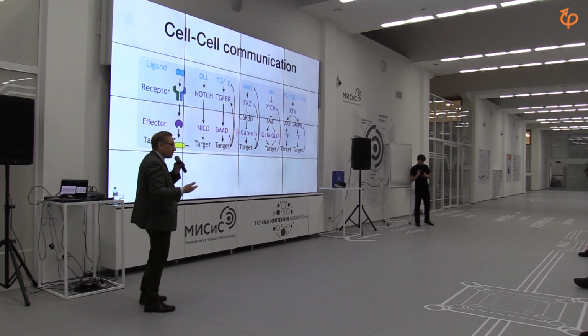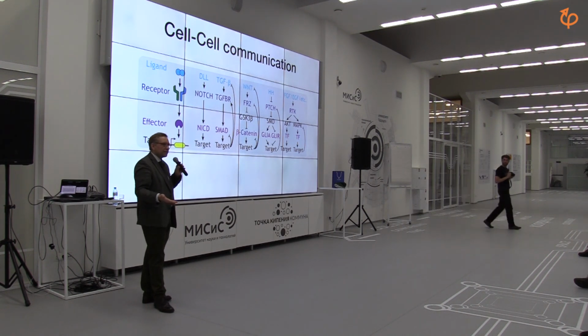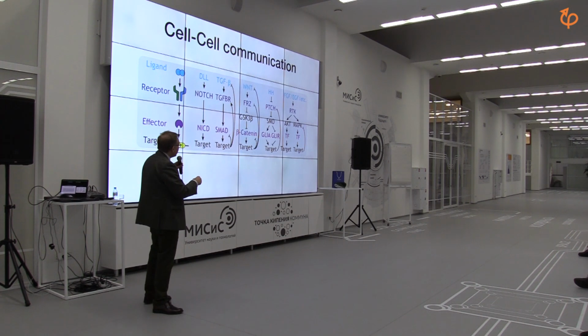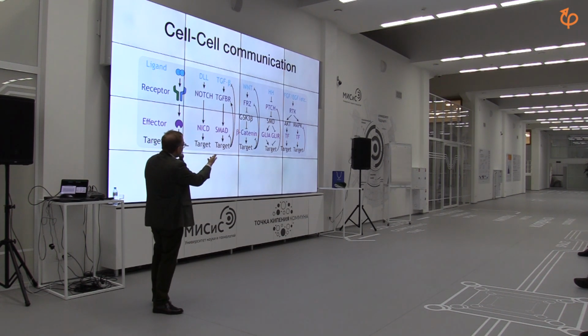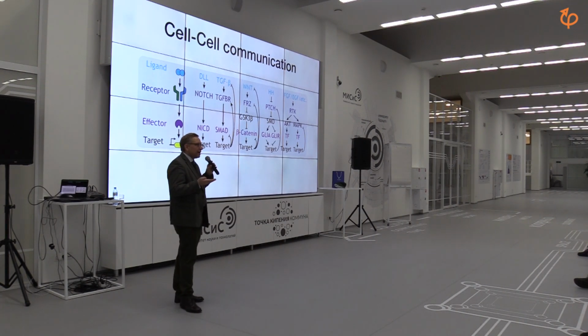Then you have the effector molecule, which transfers the signal from the receptor into the cell. And then the targets are the areas on the chromosome which read out the information. This slide shows you 1, 2, 3, 4, 5 pathways. And the important point here is that there are not many more.